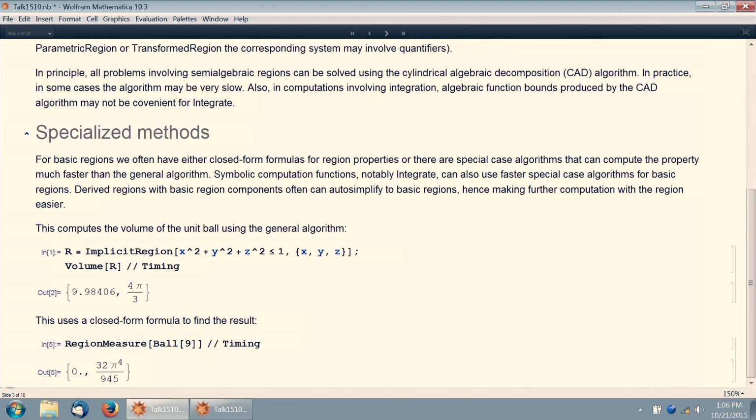For region measure, it's 0 time, and we got the answer, because we have the formula for the measure of an n-dimensional ball. Of course, if I tried integration, that would probably take a very long time. I will give you formulas for it. That's why we got the result.